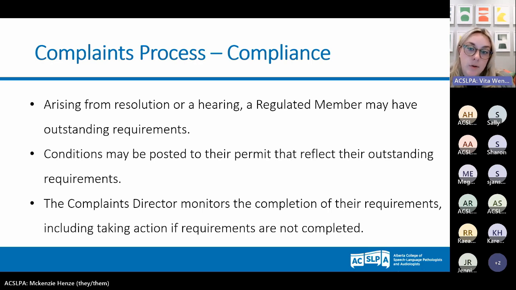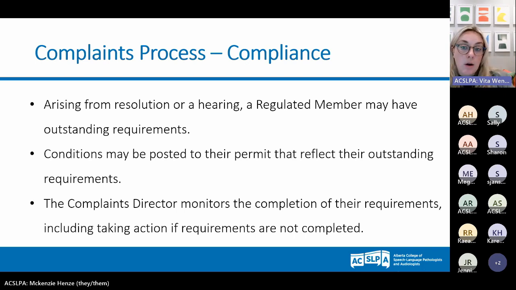It is the regulated member's responsibility, not the employer's, not their family members, not anybody else's, but the regulated member who has a practice permit, who has been asked to do that, to complete those requirements. And that's, of course, going to the principle that the regulated member or the professional is always responsible for their own practice, for their own conduct, for everything to their college.